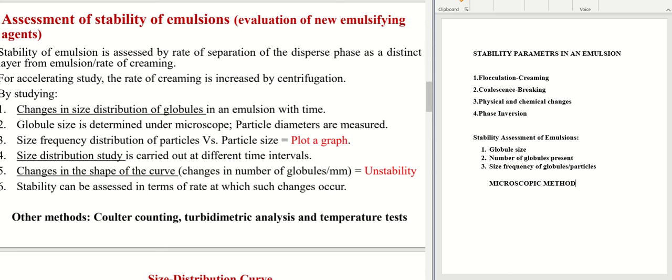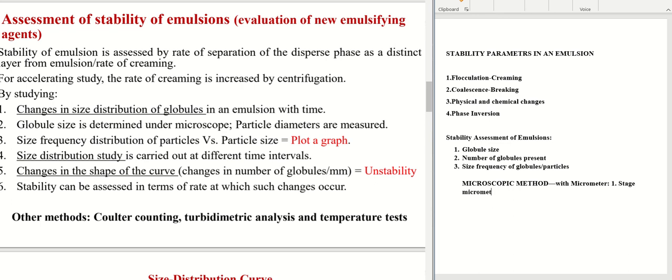As the name itself indicates, we'll be making use of a microscope along with a micrometer. A micrometer is a device which has two units, a stage micrometer and an eyepiece micrometer. This is a basic and simple laboratory procedure where we'll be measuring the globule size in an emulsion.